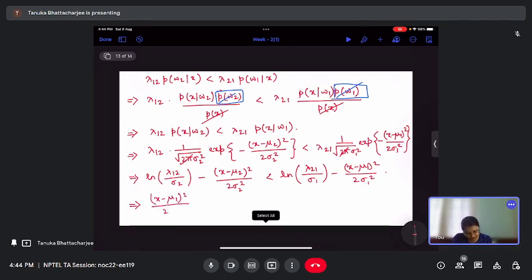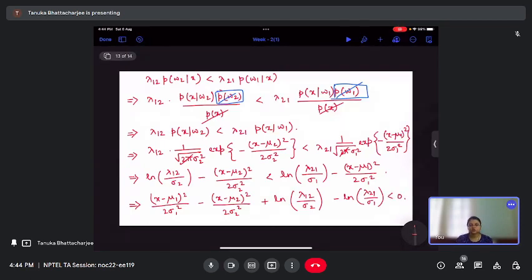We get this, which should be less than 0 to classify x as belonging to class omega 1. We can further simplify this expression.